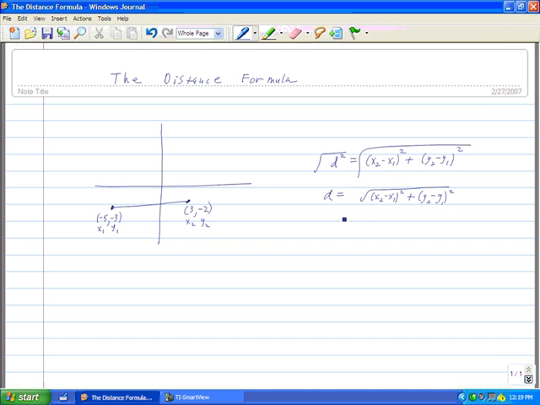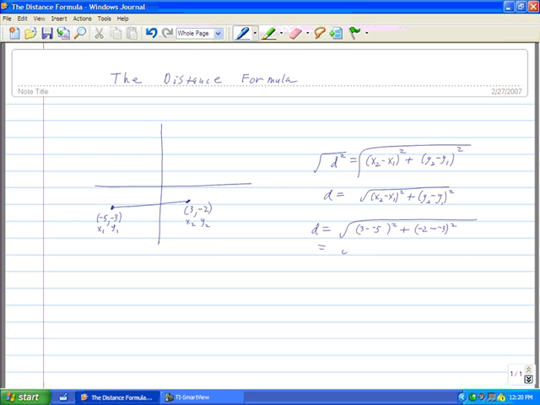So the distance between these points would be distance equaling the square root of x2 minus x1, which is 3 minus -5 quantity squared, plus y2 minus y1, which is -2 minus -3, and then quantity squared.